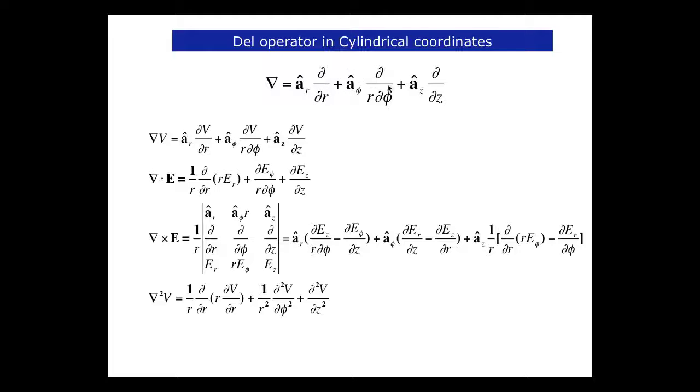The unit vector corresponding to each cylindrical coordinate points in the direction of infinitesimal increment of that coordinate. Those directions are different at different points in space. For instance, a sub p points tangentially to the circle going around the axis z through the point and it rotates as you go around the circle.